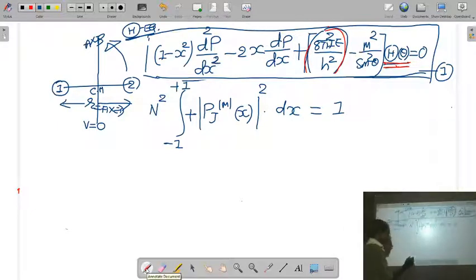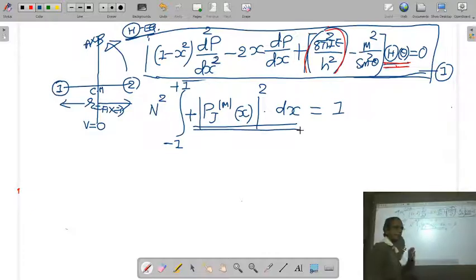Now if you calculate the value of this integration, then you will get the normalization constant N for the theta function. But we are not going to solve this integration. We directly write the value of this integration from the orthogonality property of Legendre polynomials.